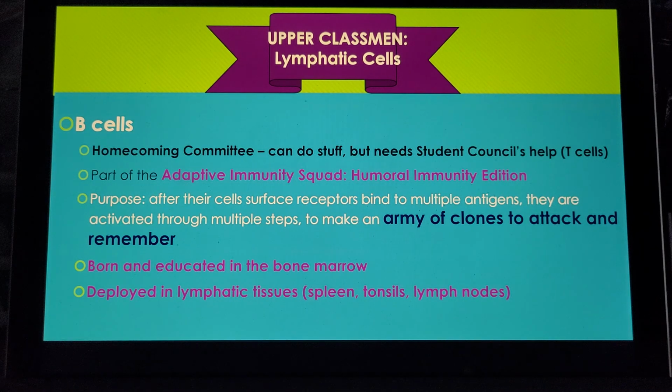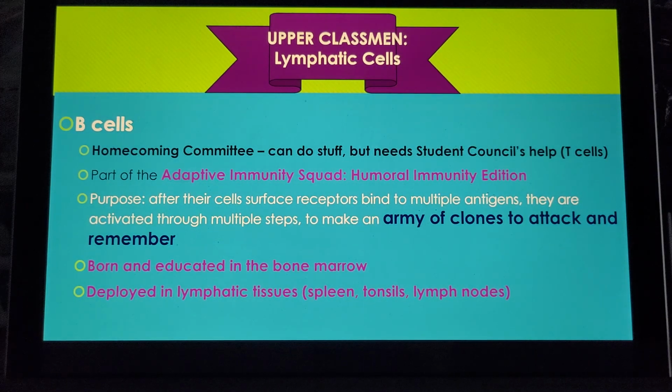But instead of the cells doing the job, it is the antibodies that are flowing in your blood fluid, your body fluids. Humors is the old word for body fluid. So for example, your blood would be one of your humors. So their basic job is to create an army of clones to attack and remember that infection.